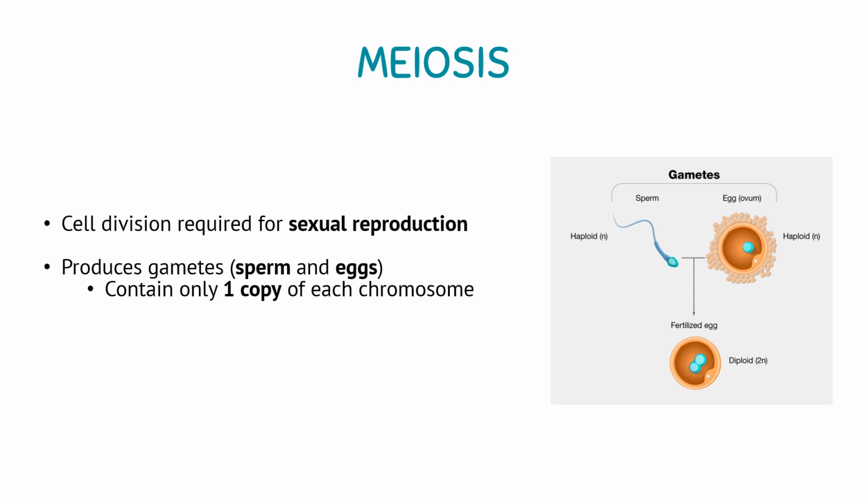This is important because you only pass on half your genetic material to your offspring or your children, and so your gamete will combine with someone else's gamete, so an egg and sperm will combine together, each containing only 1 copy of each chromosome, and when they fuse together to form a fertilized egg, then we have 2 sets of chromosomes that is diploid and is ready for the development of an embryo.